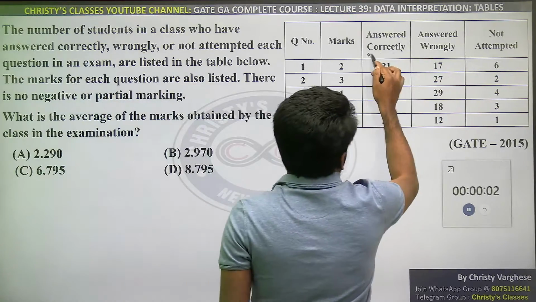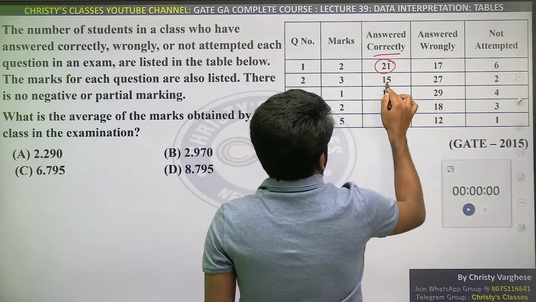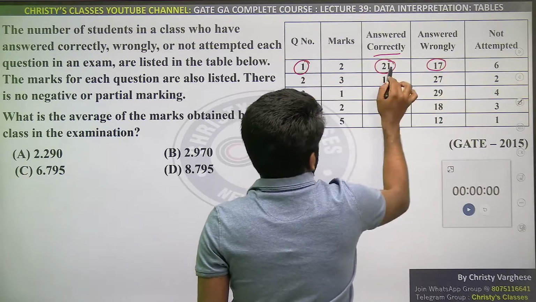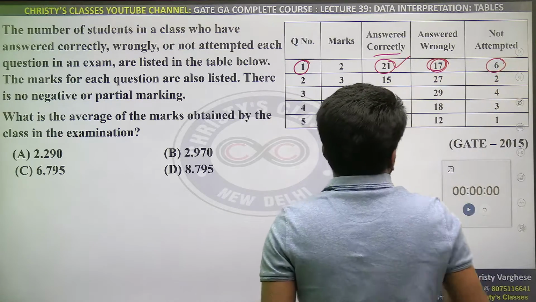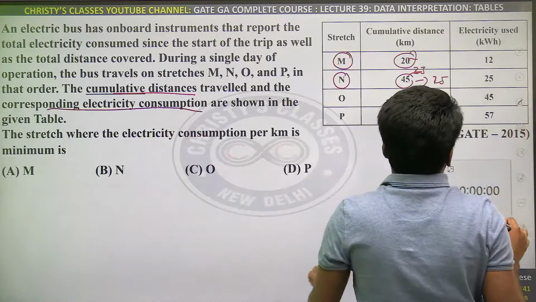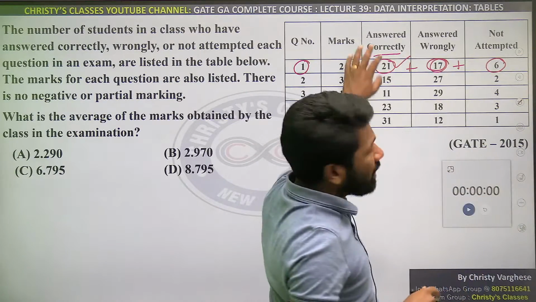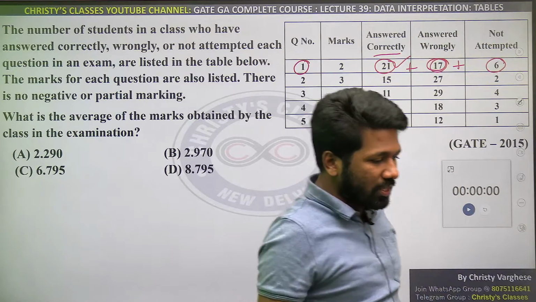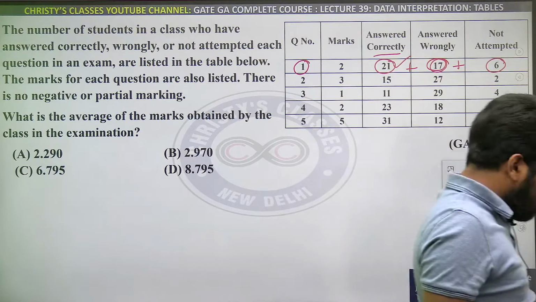For question number 1 itself, 21 people answered correctly, 17 people answered wrongly, 6 people did not attempt. Every student either attempted correctly, or wrongly, or did not attempt. There is nothing other than these three, and not attempted is also included in the list, so there is no other possibility.